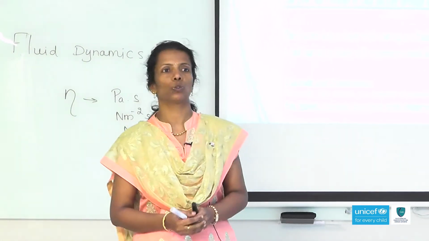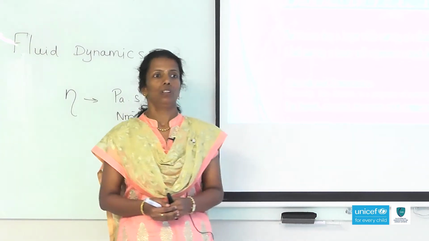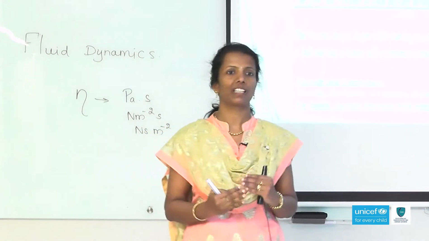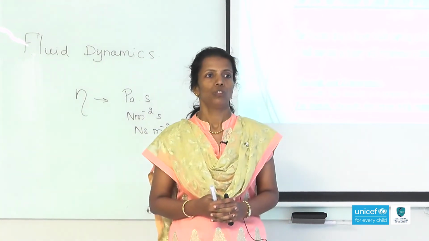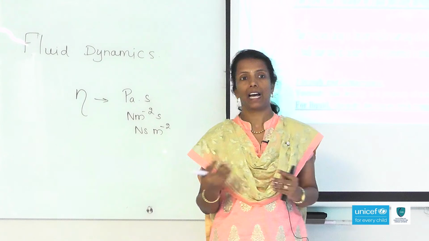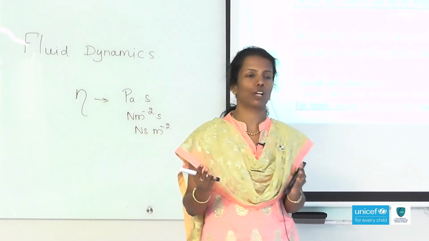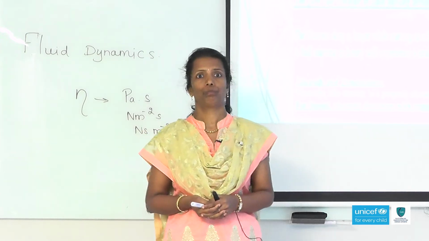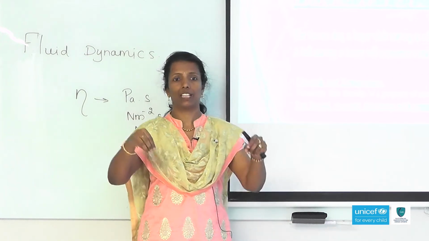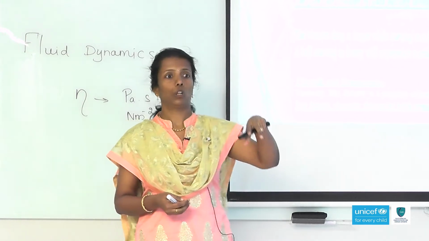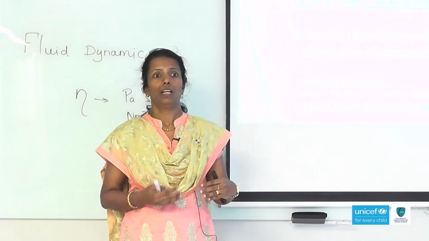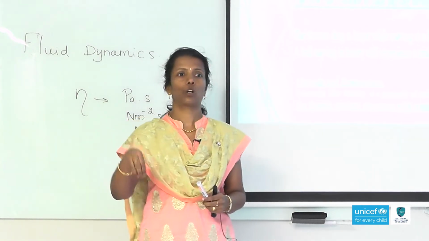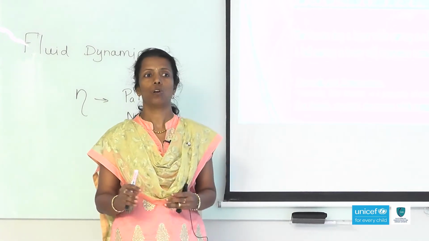Before moving on to those units, how does the coefficient of viscosity affect the viscous drag? Some liquids are stickier than others. If I take an example of honey and water, honey is more viscous than water. So if an object is allowed to move through a tall jar of honey, it moves slower when compared to an object which is dropped through a jar of water.